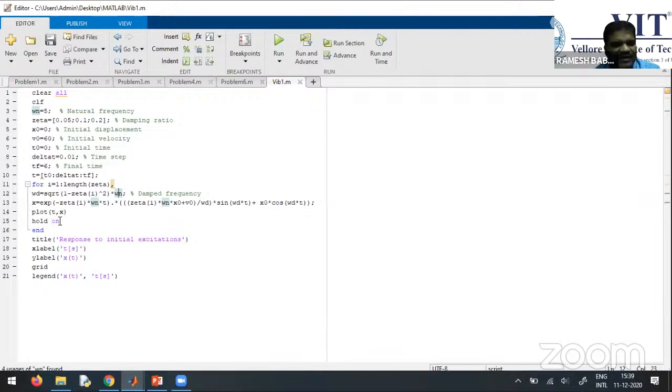Hold on, we have to hold on because zeta is having 3 values. So those 3 values have to be there. And the response title will be response to the initial excitations. X label is t(s), Y label is x(t). Grid, we have to put a grid, and legend. That means the legend will come.